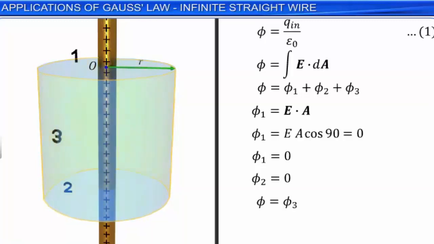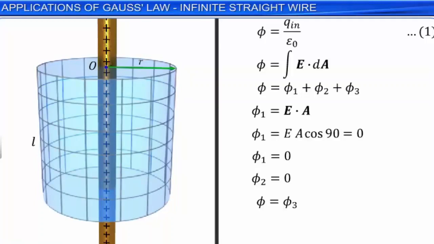Let surface 3 be assumed to be divided into infinitesimally small elements, each of area dA. There will be a net electric flux through this surface, since the electric field strength E for any point on the surface is parallel to the area vector dA for the element under consideration.